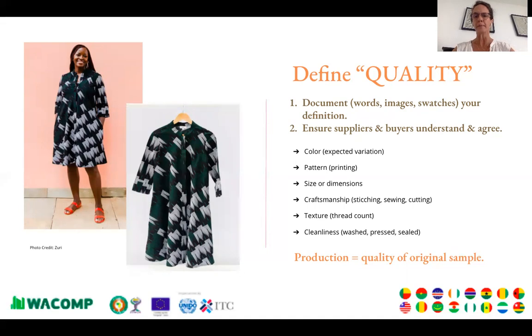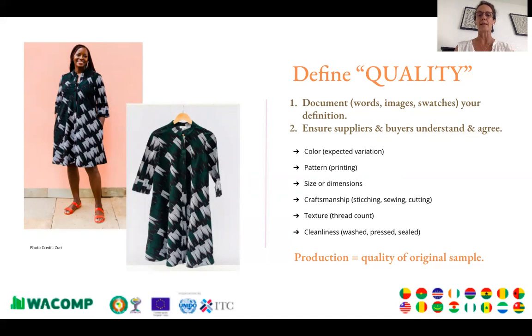So quality can mean a lot of different things, right? And you want to be specific. So for example, you want to define exactly what the colors will be, what kind of variation you might have in the colors. You want to describe the pattern that they can expect to have in the fabric, for example. You want to detail the size or dimensions.